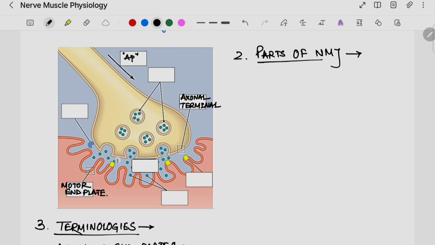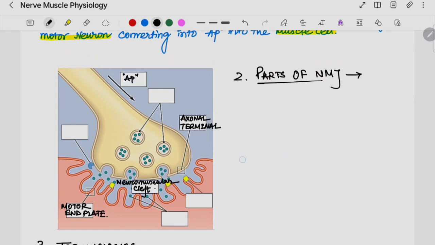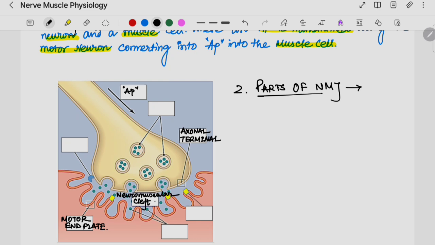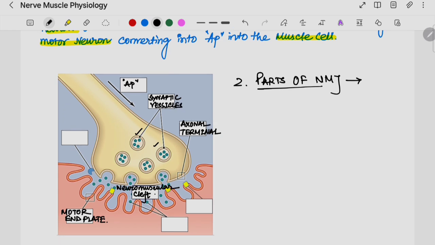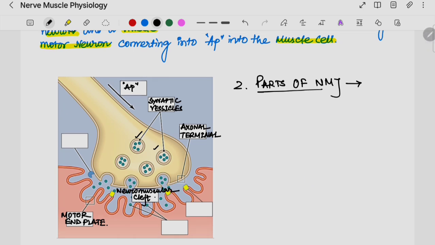So that is the neuromuscular cleft, right? You can recognize these are the synaptic vesicles full of the neurotransmitter, for example acetylcholine, right?